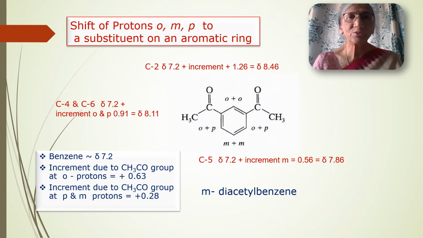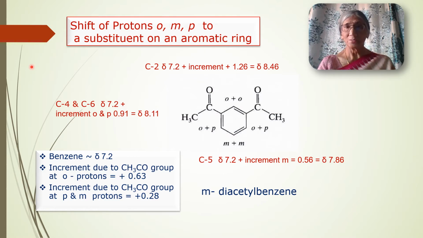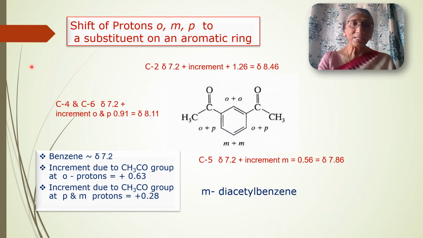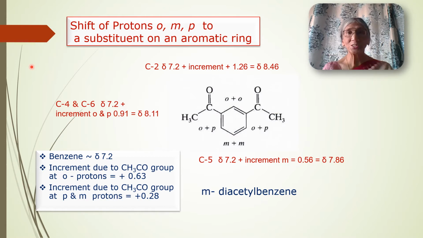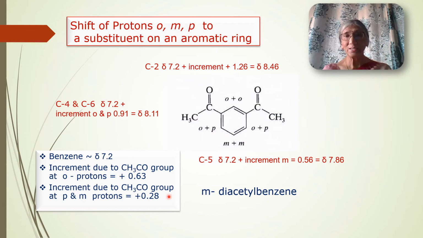The resonance frequency of ortho, meta, para protons in disubstituted or polysubstituted benzene compounds can be determined by adding the increment due to the substituent present on the benzene ring. For example, here we have taken meta-diacetyl benzene. In meta-diacetyl benzene, there are two acetyl groups which are present meta to each other.